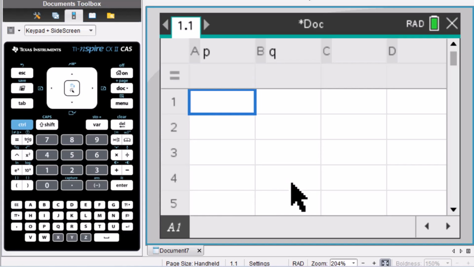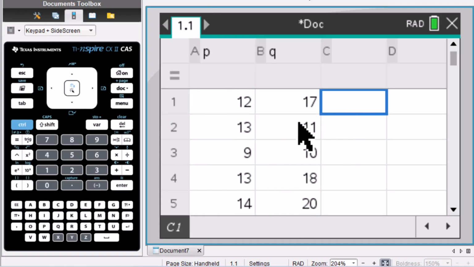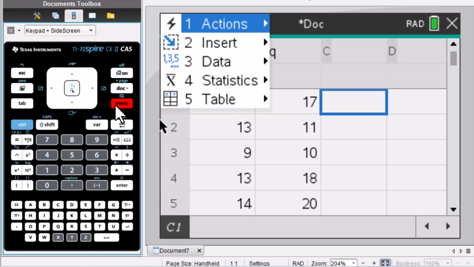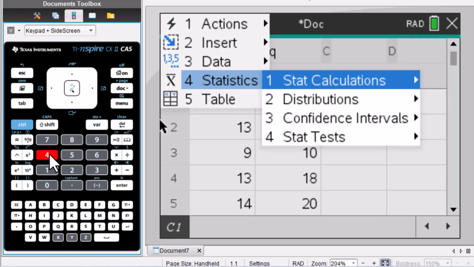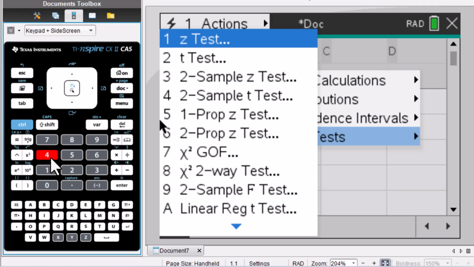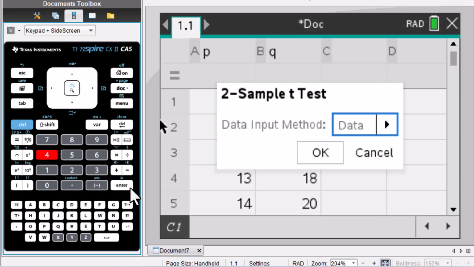Type in the data. After you put in the data, put the cursor on an empty cell. Go to Menu, 4, Two-sample t-test. 4, Data.